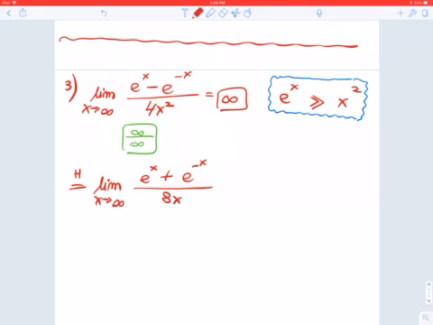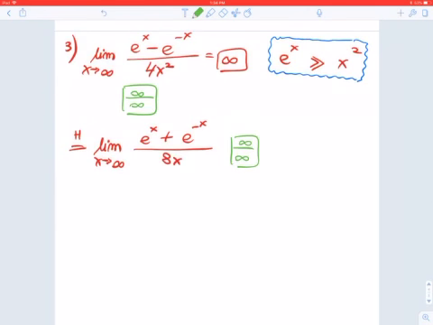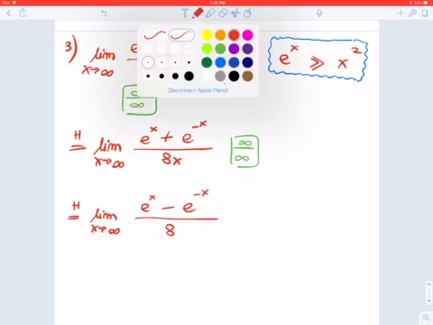In the denominator, 2x. And I believe I have another infinity over infinity. We will apply the L'Hopital rule a second time. Limit at infinity. Derivative of e to the x is e to the x. Derivative of e to the negative x is e to the negative x times negative. And the derivative of 2x is 2.